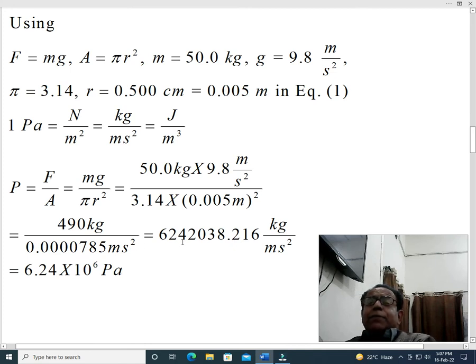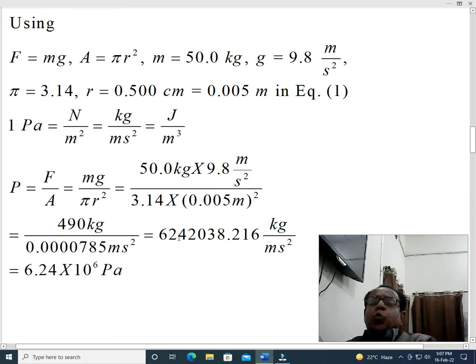This alternatively becomes equal to 6242038.216 kilogram per meter second squared. And here we know that kilogram per meter second squared is equal to Pascal.